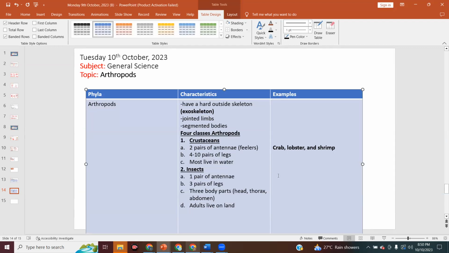Okay, so examples of insects. Everybody should know examples of insects. They are famous. Mosquito. How about flies? Grasshoppers, right? One moment, I spelled mosquito wrong. Let me change it.